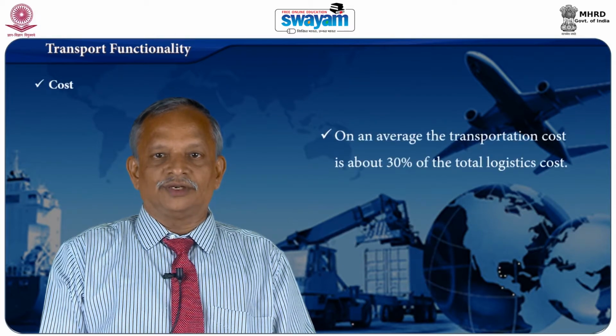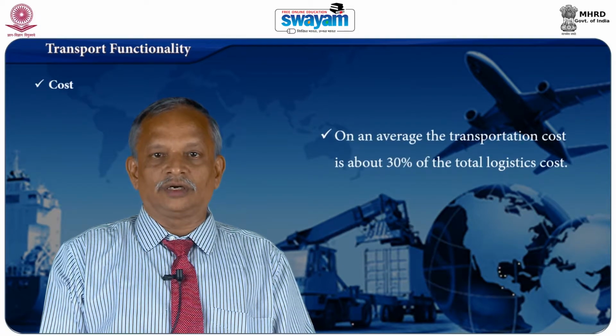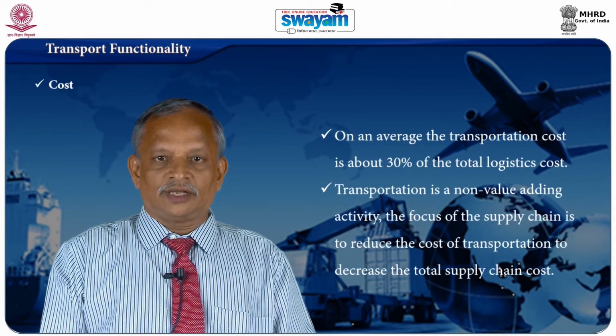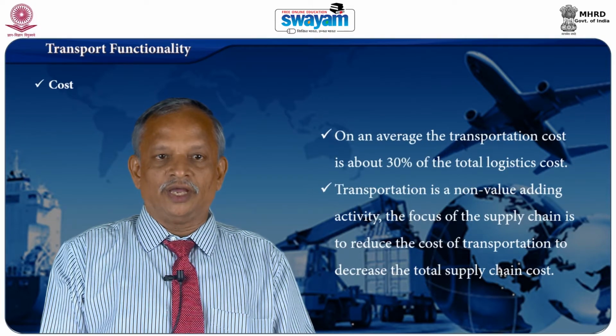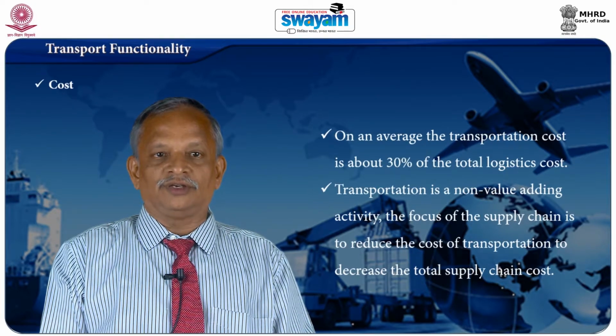On an average, the transportation cost is about 30% of the total logistics cost. We understand that transportation is a non-value adding activity. Hence, the focus of the supply chain is to reduce the cost of transportation to decrease the total supply chain cost.